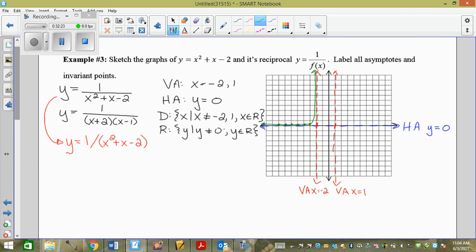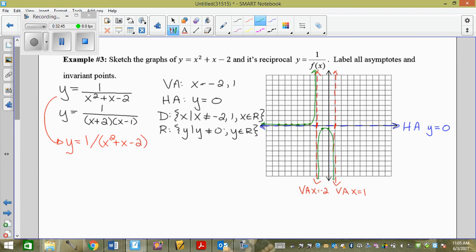And then I have -1 and -0.5. So it's down here somewhere. 0 and -0.5. And it's going a little bit above here, so it's going to go like this. A little bit above and back down.